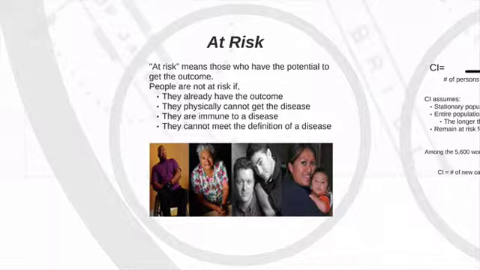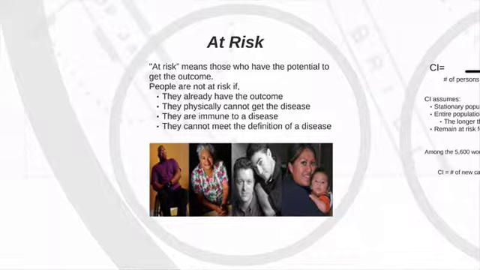Or let's say even more clearly, type 1 diabetes, right? Once you have it, you have it. So if there's someone in your population when you are starting this period of watching them over time who already has type 1 diabetes, they're out, right? They're never at risk for developing type 1 diabetes. So you wouldn't watch them to see if they develop type 1 diabetes. It doesn't make any sense.